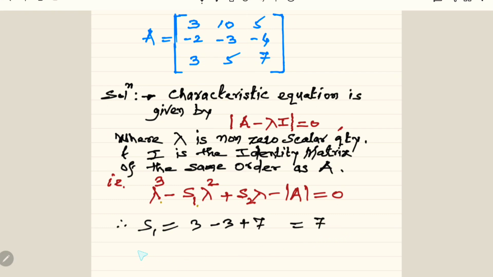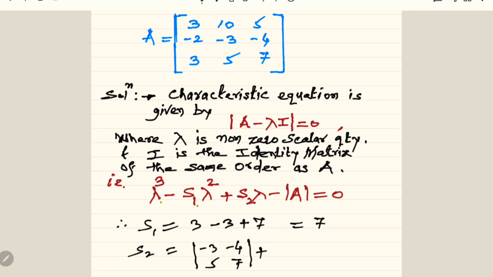Then S2 is the sum of the minors of the principal diagonal elements. Therefore, for the minor of the first element, neglecting the first row and first column, we get the determinant of -3, -4, 5, 7.